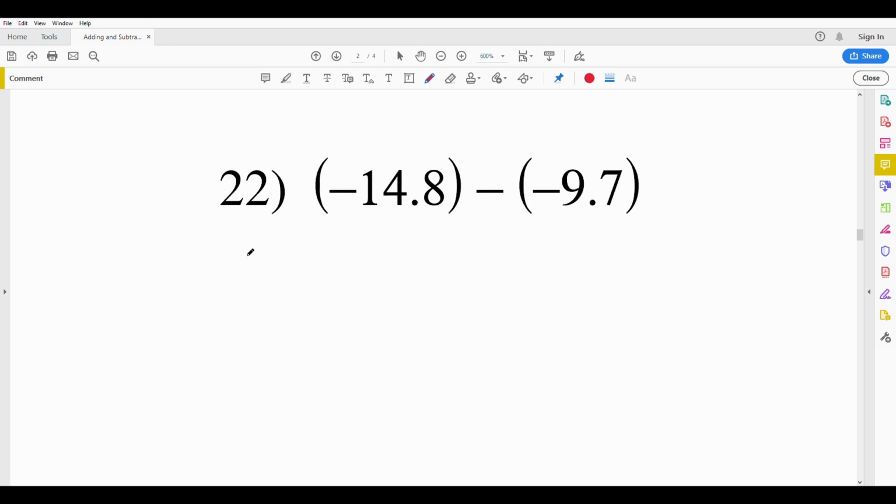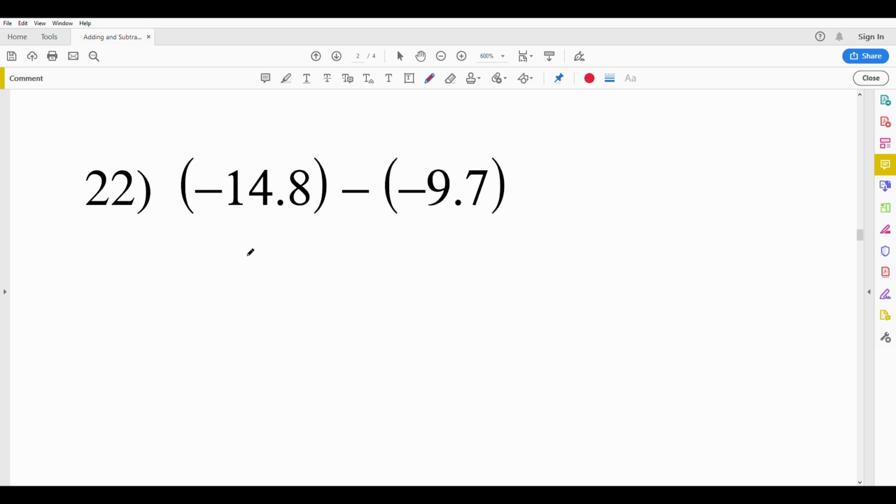Now we're cruising, here we go. Number 22, we have a negative number and we're subtracting a negative. Subtracting a negative is the same as adding a positive. So, negative 14.8, we're going to be adding 9.7. So negative 14.8 plus 9.7, are we going to have a negative answer or a positive answer?